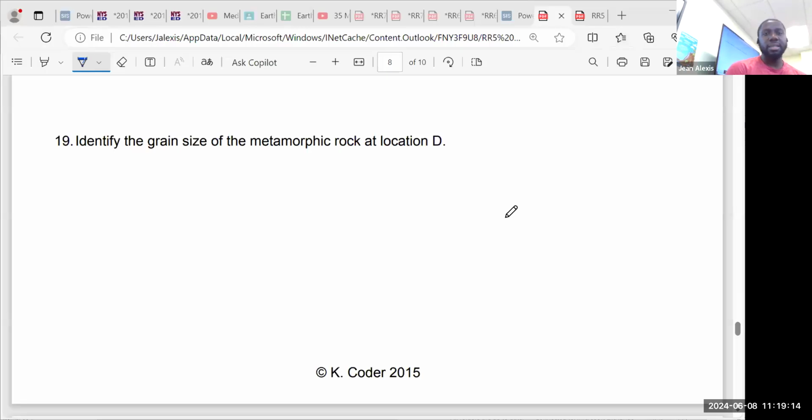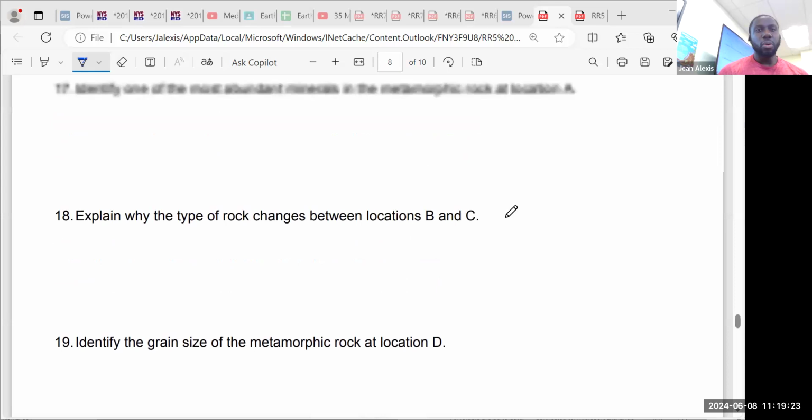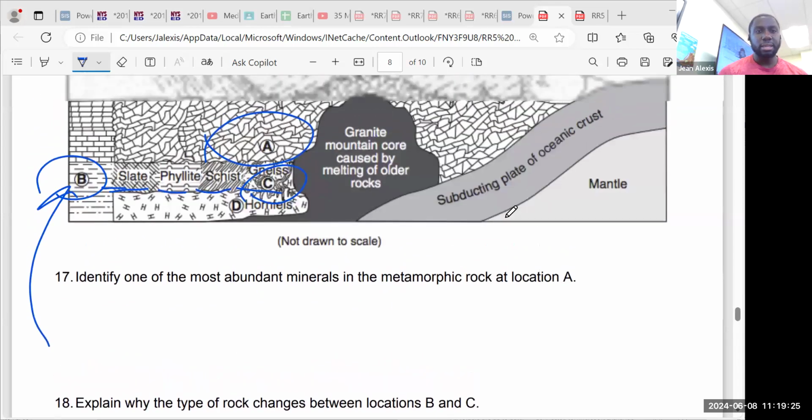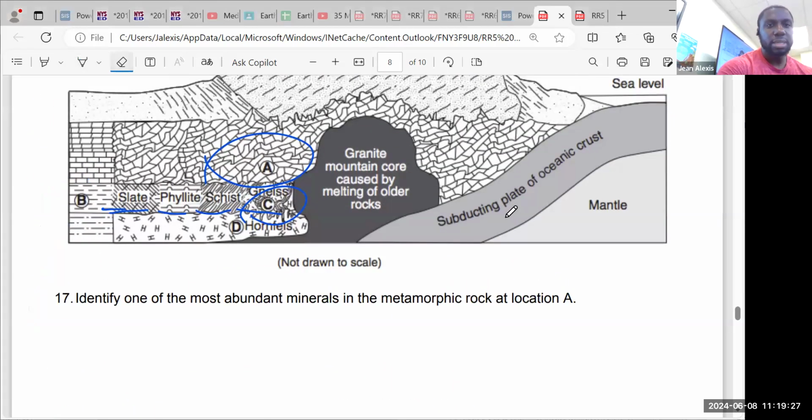All right, number 19. It says, identify the grain size of the metamorphic rock at location D. So what rock is D? What does it say? Hornfels. Where do I find this metamorphic rock?